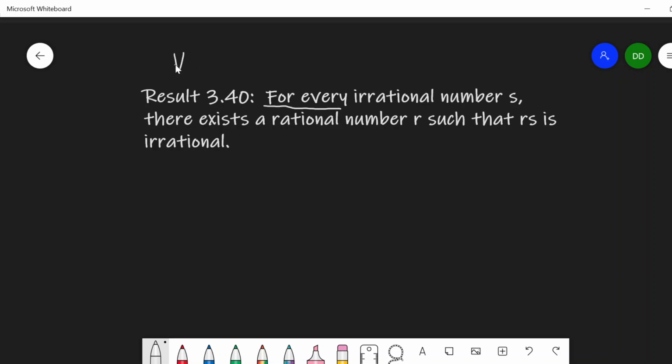So that is for all S in, I'll say Q complement, where the universal set is the real numbers here. For all irrational numbers S, there exists a rational number R such that RS is irrational.